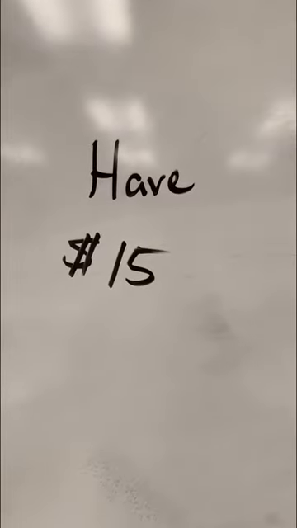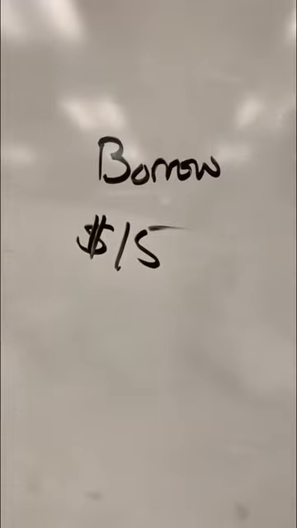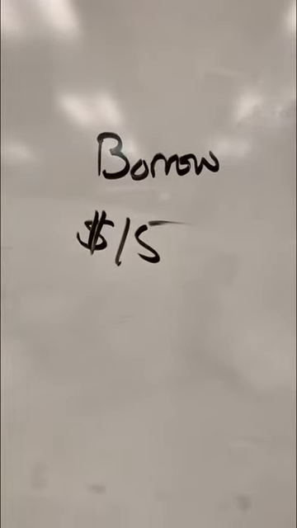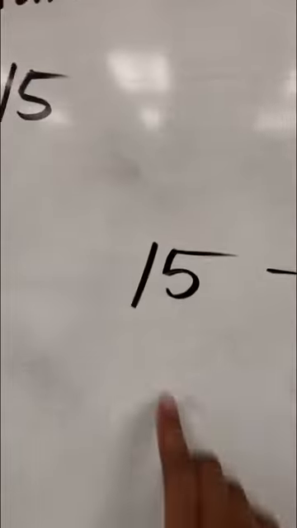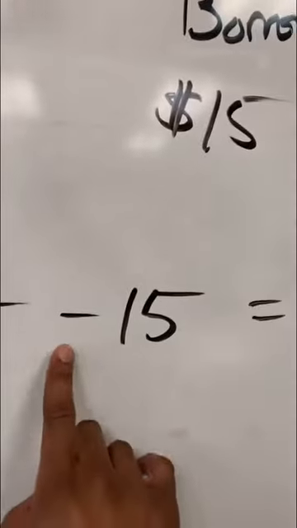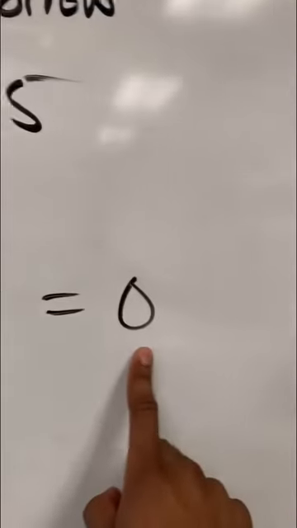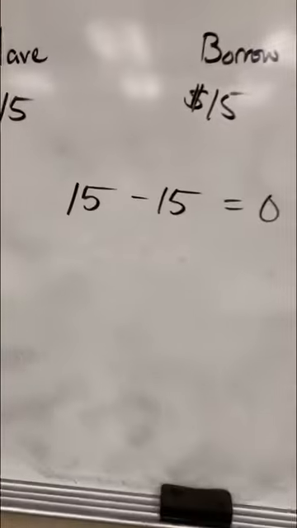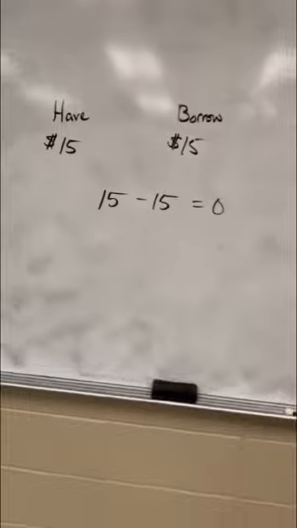So what if you have 15, then I borrow 15. Quite naturally, you have 15, I borrow 15, that means $0 now. Have 15, borrow 15, $0 now. And as a statement, you have 15 minus 15 is equal to 0. Once again, this isn't really the issue when we start talking about integers.